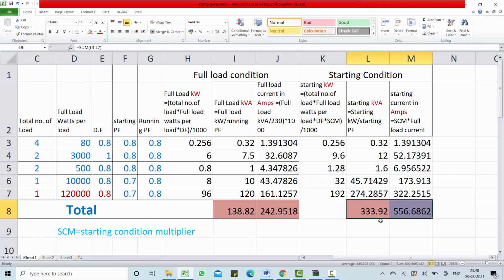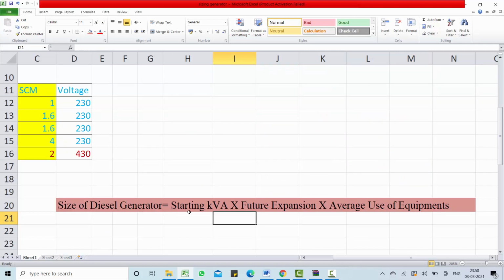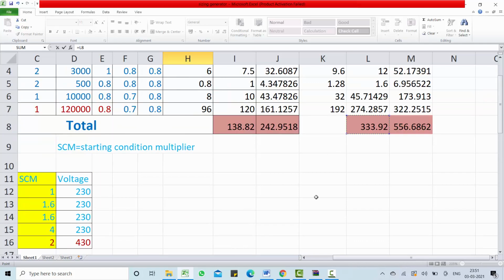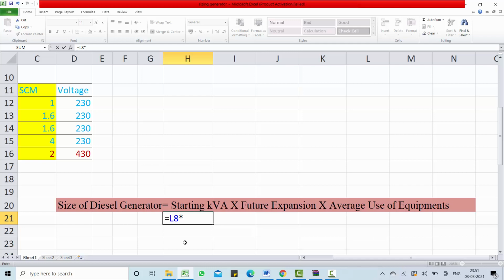Now compare the starting kVA and starting current with the full load condition. The starting kVA and current values are comparatively high, since the starting current taken by the motor is very high. Then the size of the diesel generator is equal to the starting kVA, which is 333.92, multiplied by future expansion as per the problem, 1.1, again multiplied by average use of equipment, 0.8, as given in the problem.